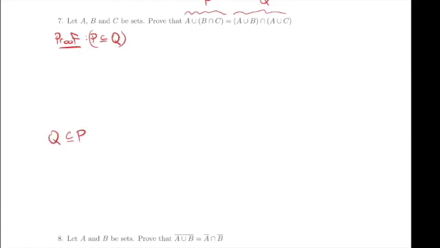The first set is contained in the second, and the second set is contained in the first. And for each of these proofs, we start with something on the left, and we want to show that it's in the set on the right.